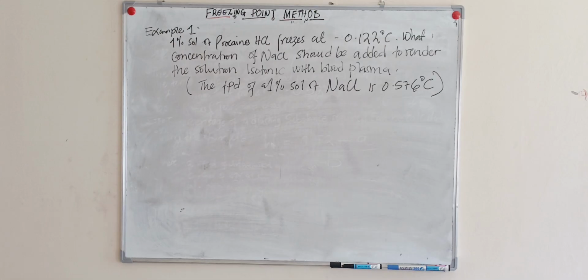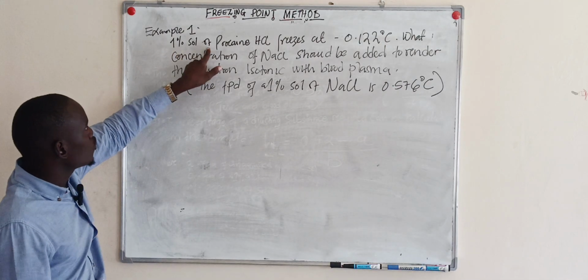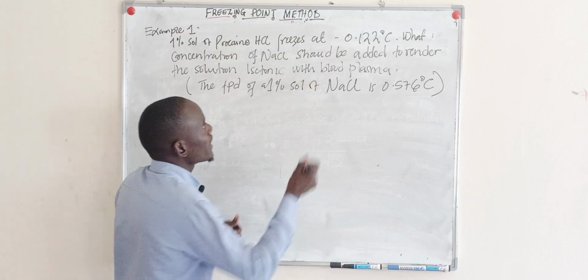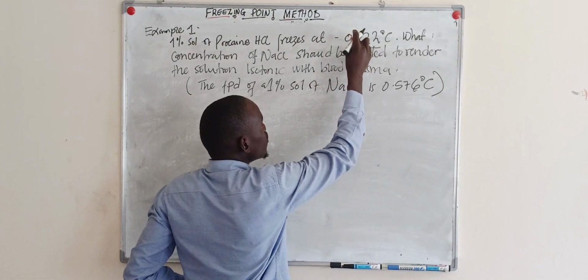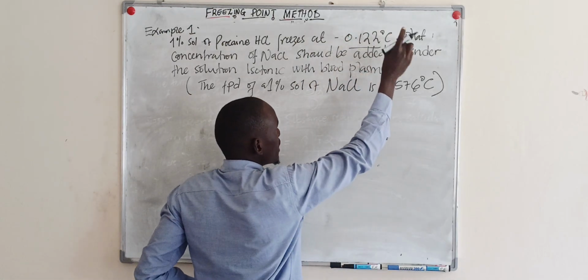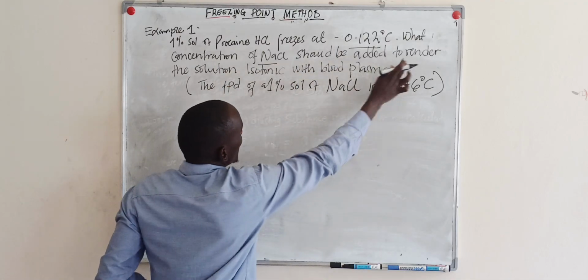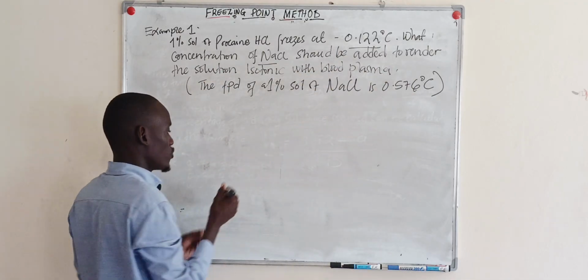Example 1. A 1% solution of procaine hydrochloride freezes at negative 0.122 degrees Celsius. What concentration of sodium chloride should be added to render the solution isotonic?